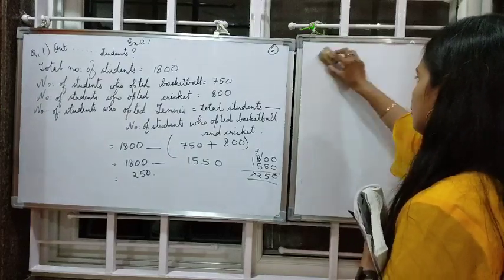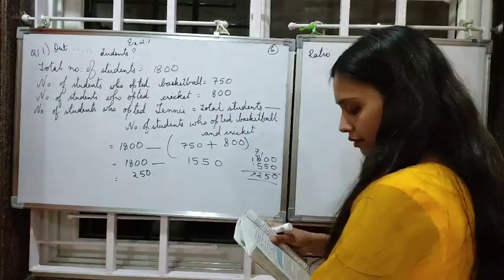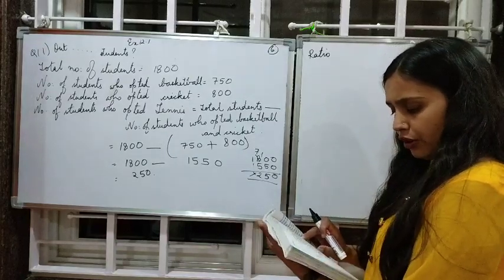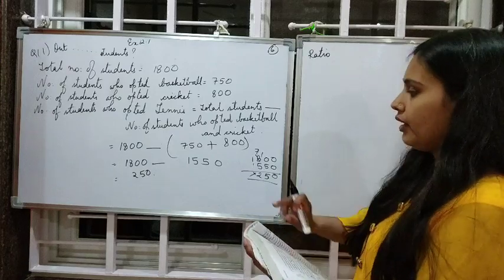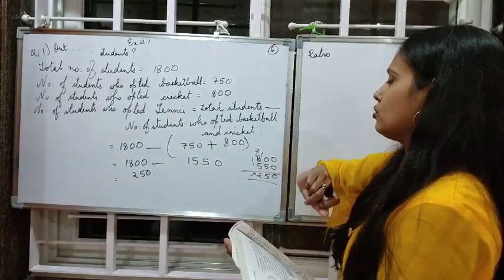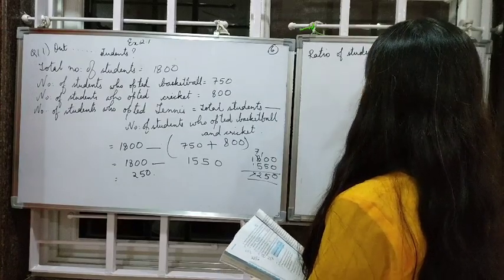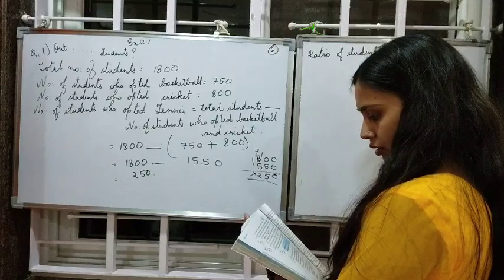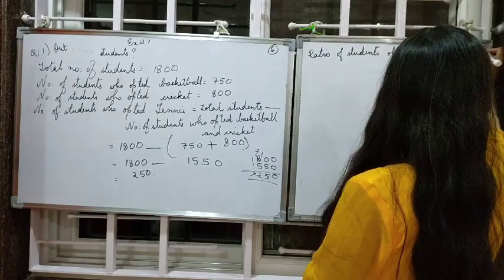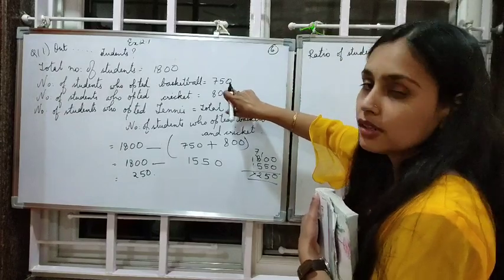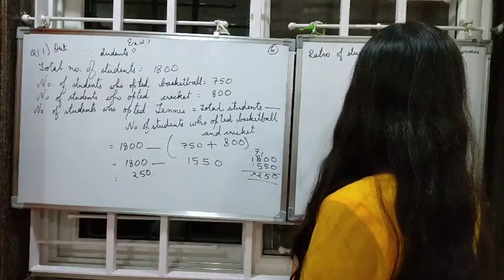Now we will find the ratio, children. The first one, ratio of the number of students who opted for basketball to the number who opted for tennis. Basketball is 750, so 750 upon tennis, which is 250.